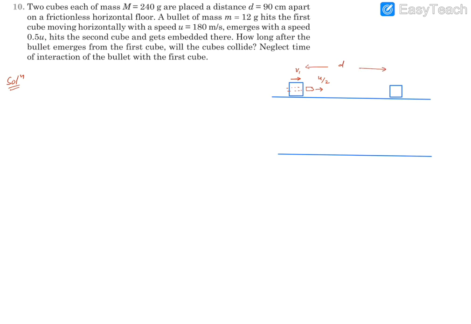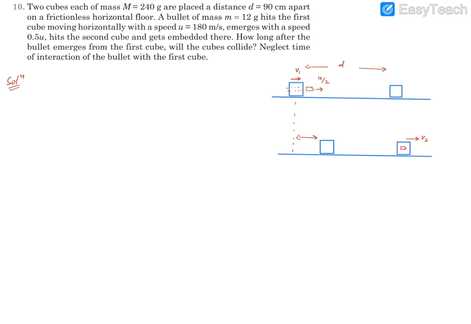The second picture is of the time when this block has moved by a certain distance. The second one is still there, and the bullet has gone in. So this is the situation when the second cube has got the bullet inside, and it has acquired a certain velocity v2. This will be the distance traveled by the first one during that time.